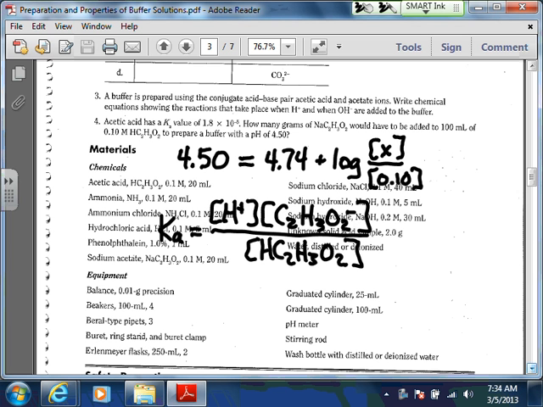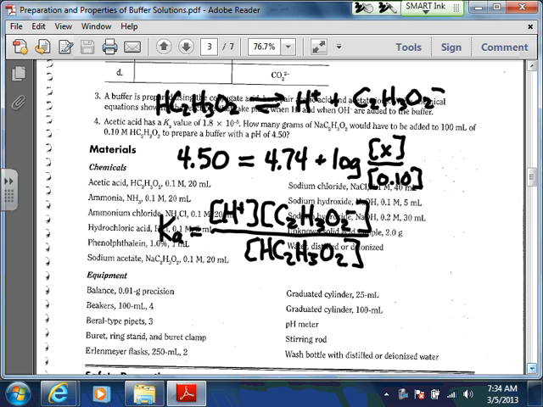Again, that comes from the dissociation of acetic acid. So your equilibrium here is HC2H3O2 in equilibrium with H plus and C2H3O2 minus.